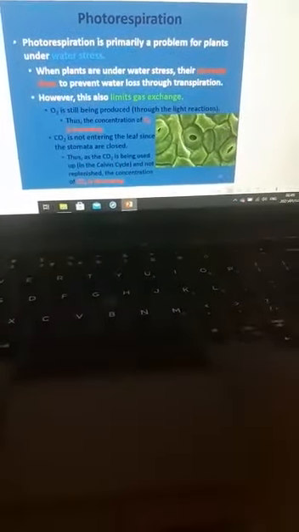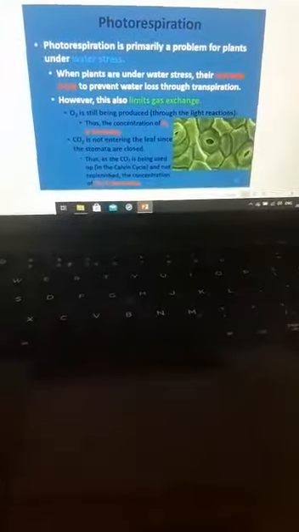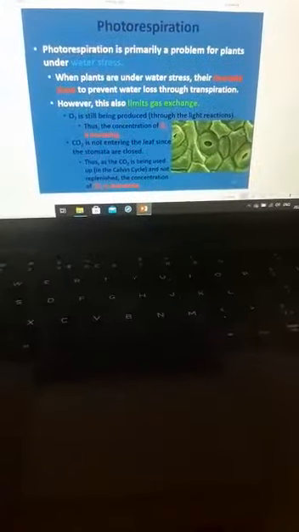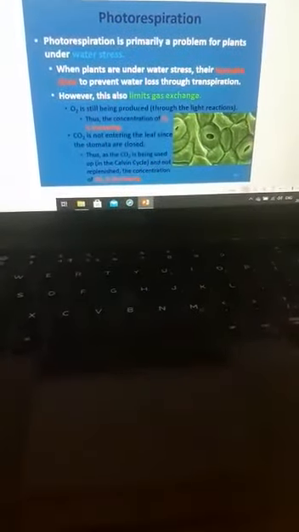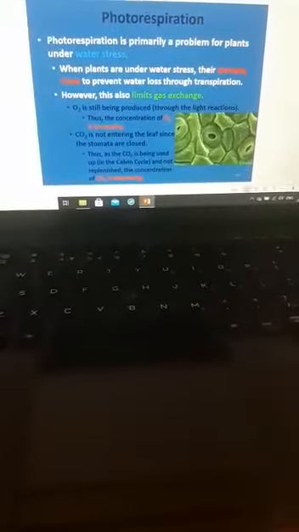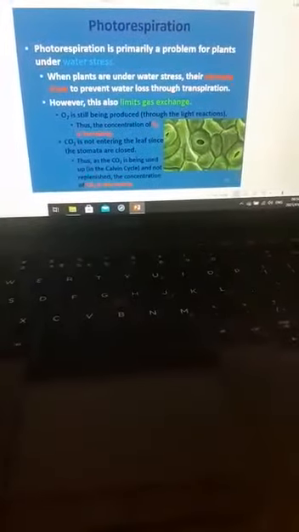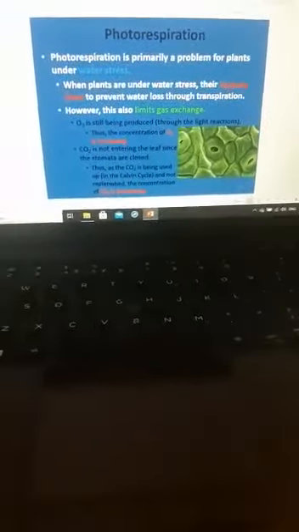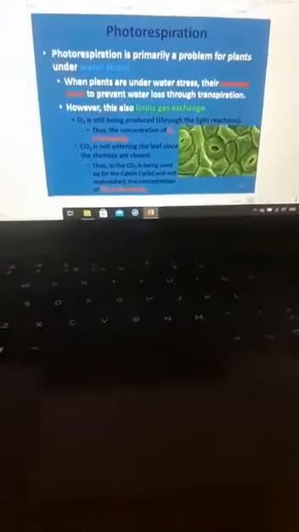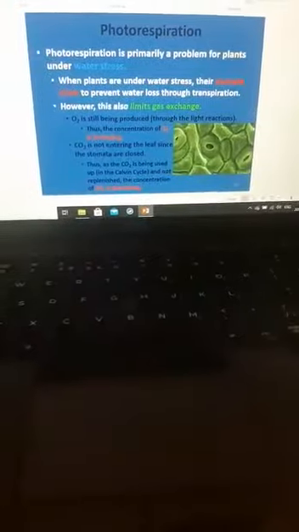So therefore you need to have a mechanism that can counter this photorespiration process. So basically, in brief, photorespiration is a very serious problem for plants, particularly those plants that fix carbon dioxide directly through the Calvin cycle. What we mean is that immediately when the CO2 enters into the leaf, it has to go directly into the Calvin cycle.